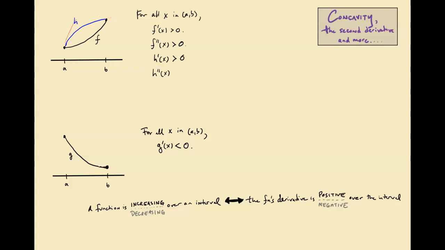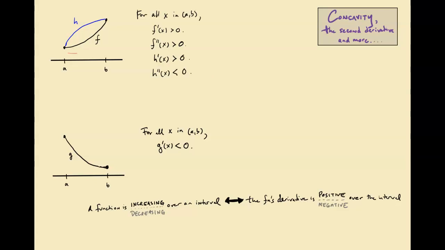That slope is coming down as we go. So if we're thinking about that first derivative, h prime, that's a function that's decreasing over an interval, and as a result, we know that its derivative, namely the second derivative of h, will be negative over the interval. So I can fill this in. h double prime of x will be negative for all x.